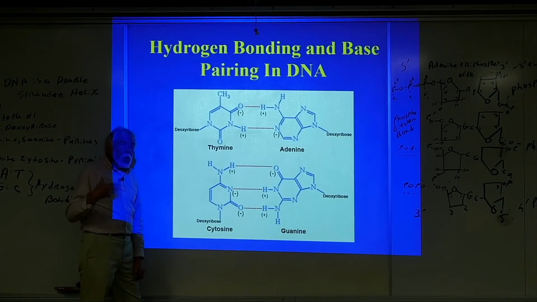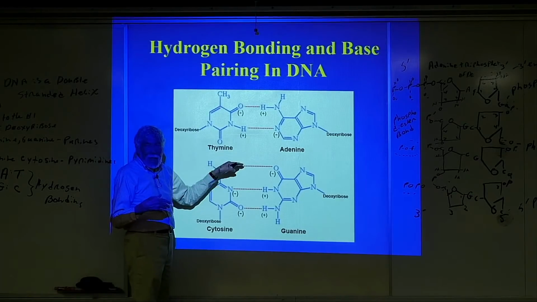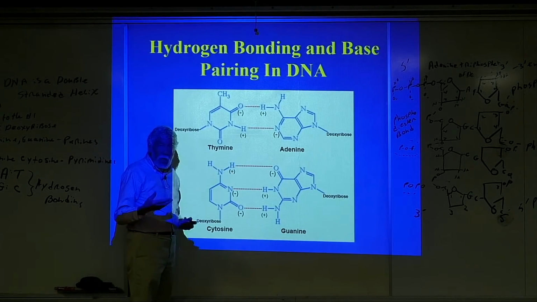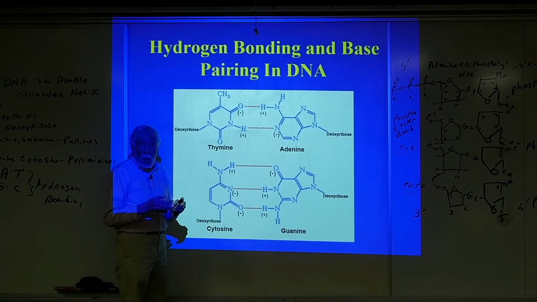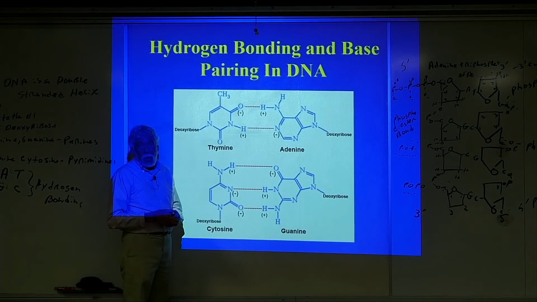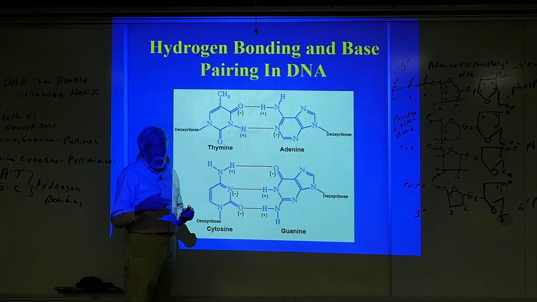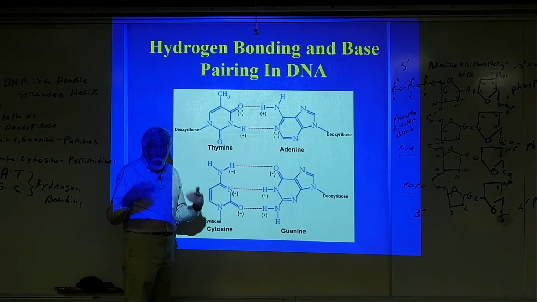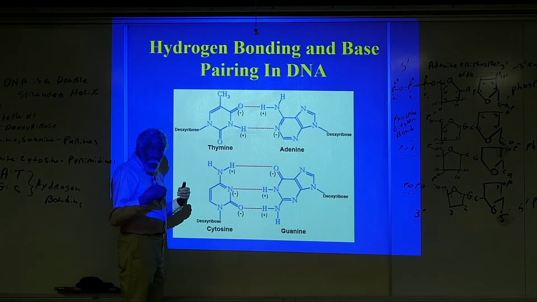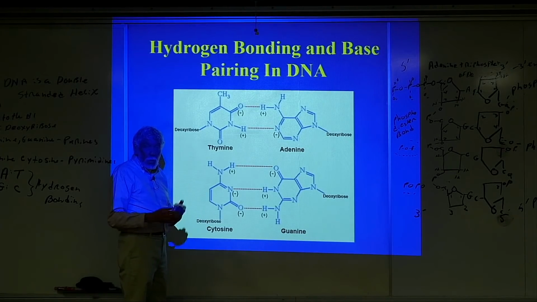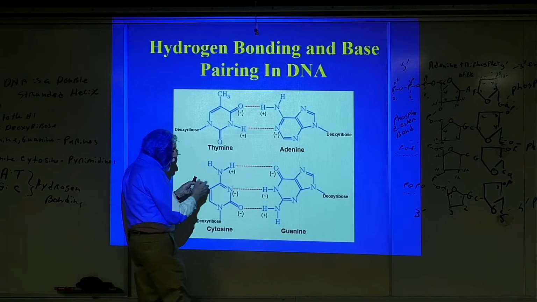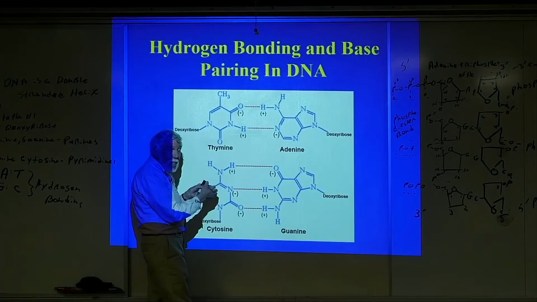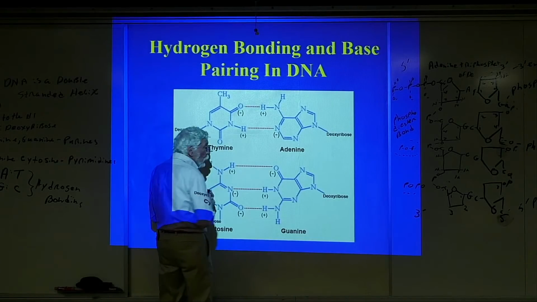If you go back and look at the early literature, when they first began studying DNA, they began to recognize that they could take DNA molecules and actually separate the 2 strands. And the way they could separate the 2 strands was simply to heat it. By increasing the thermal activity, they could, what they called, melt the 2 strands apart. So they would heat things up and look at the amount of heat it took to melt the 2 strands.